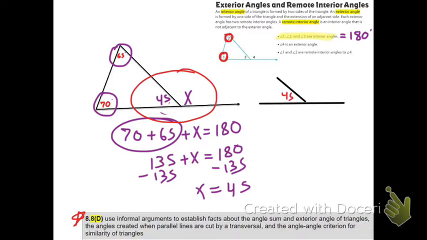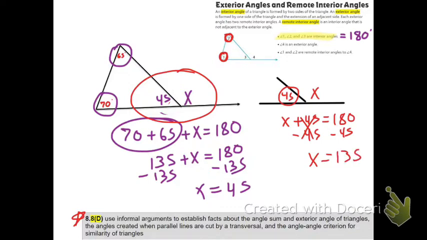Well, in this case, what sums up to 180? This angle plus this angle have to add up to 180. So x plus 45 equals 180. Subtract 45 from both sides, ladies and gentlemen. Those two cancel out, and we've established that that angle measures 135 degrees, ladies and gentlemen.